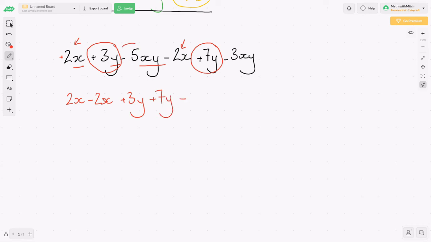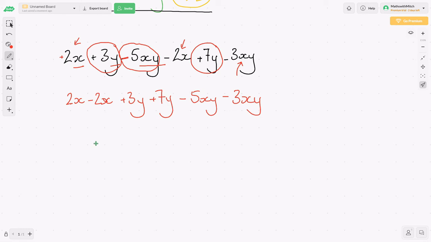We then have, remembering this, it carries the positive or negative with it, so a minus 5xy and a minus 3xy here. Okay, so we then simplify, so 2x minus 2x, well that ends with 0.